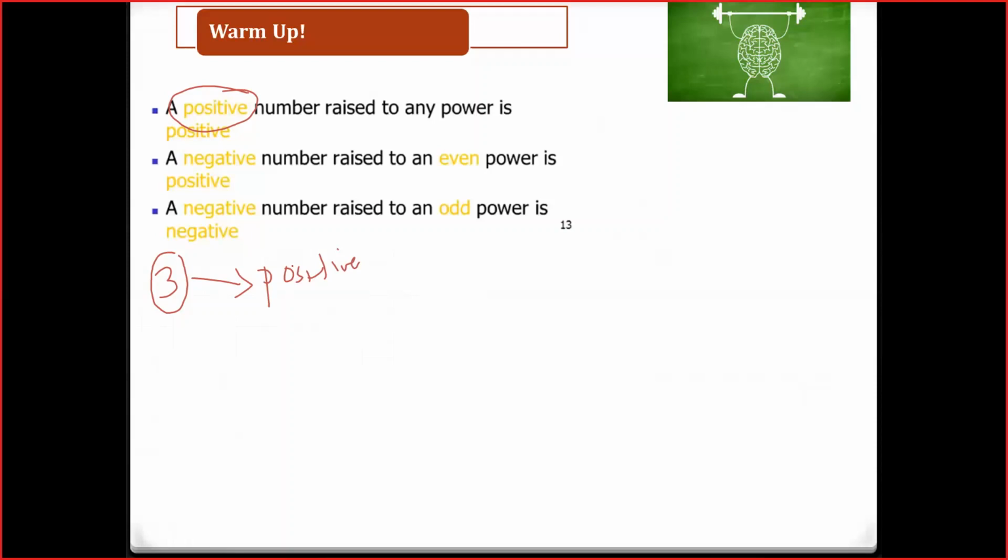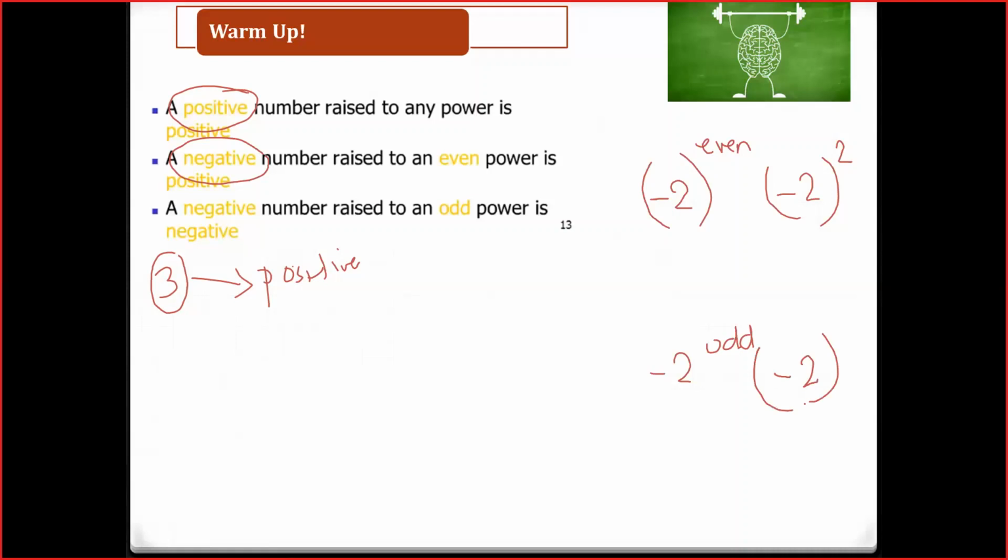But if the base is negative, like negative 2 as an example, if the power is an even number, like negative 2 to the power 2, and if it is odd, like negative 2 to the power 3, okay? Now, if the negative number has an even power, the answer must be positive. Let's see how.